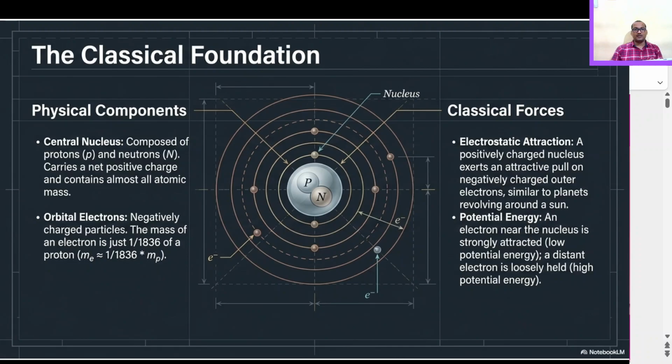So here is how the atom looks like. An atom has a nucleus where you can find protons and neutrons, and at the periphery you can find the electrons.